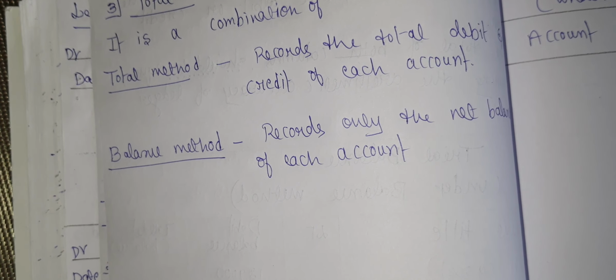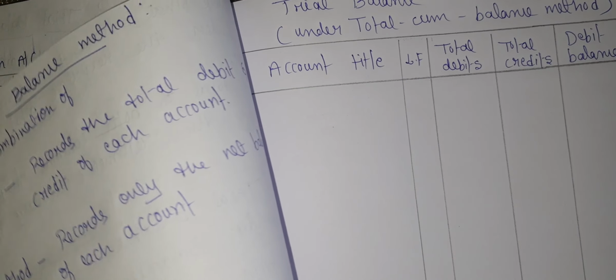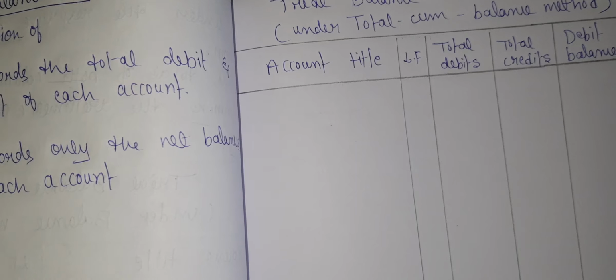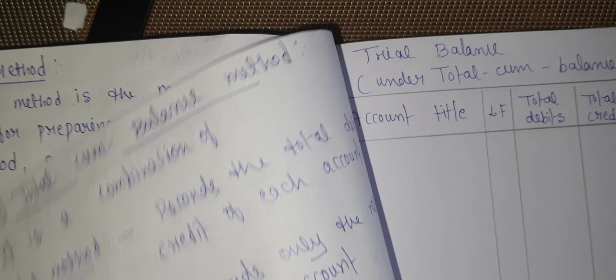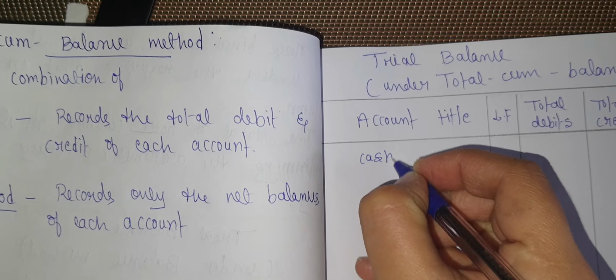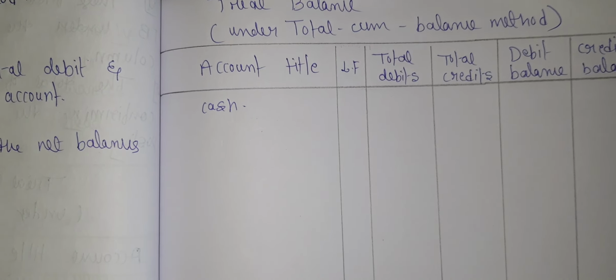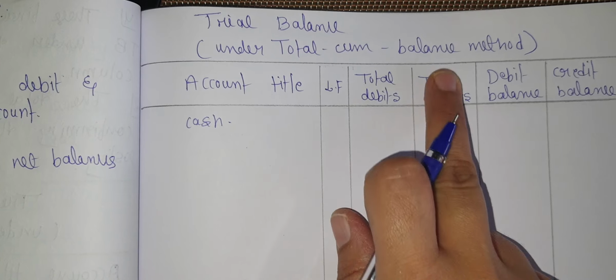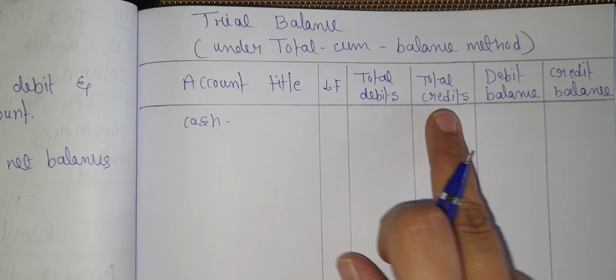Now let's see the example. Here we just have to copy the total method and balance method. See the format: account title, LF, total debits, total credits. This is for total method.